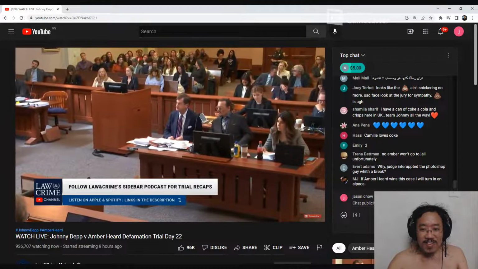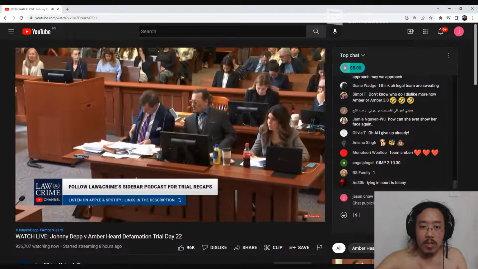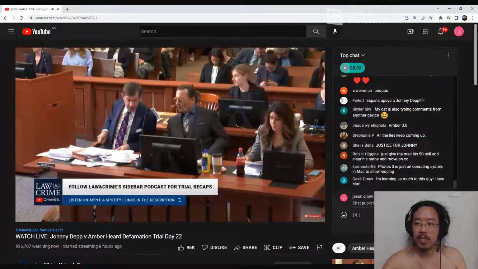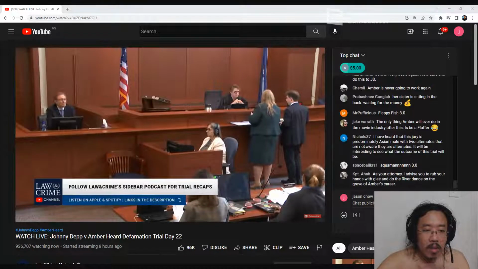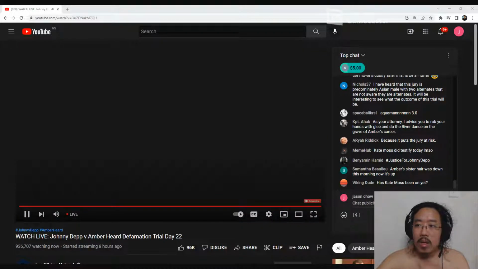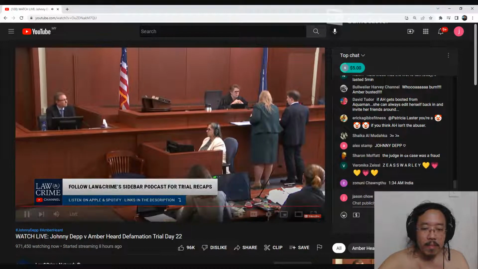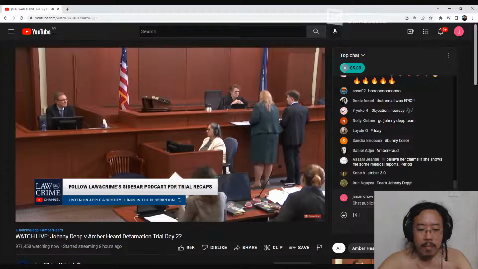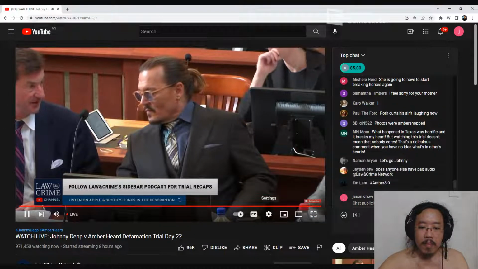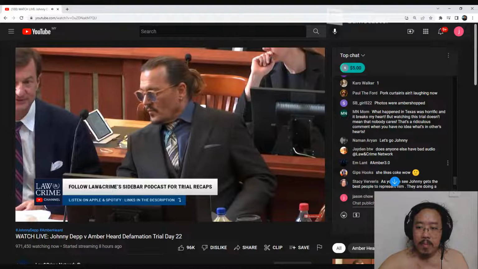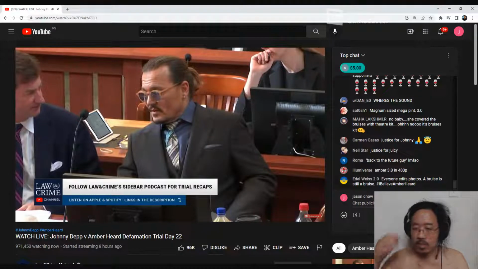Embed 3.0. Yeehaw! Woo! Gorgeous. Why is it so blurry? Come, so blurry. You like Coke ads.